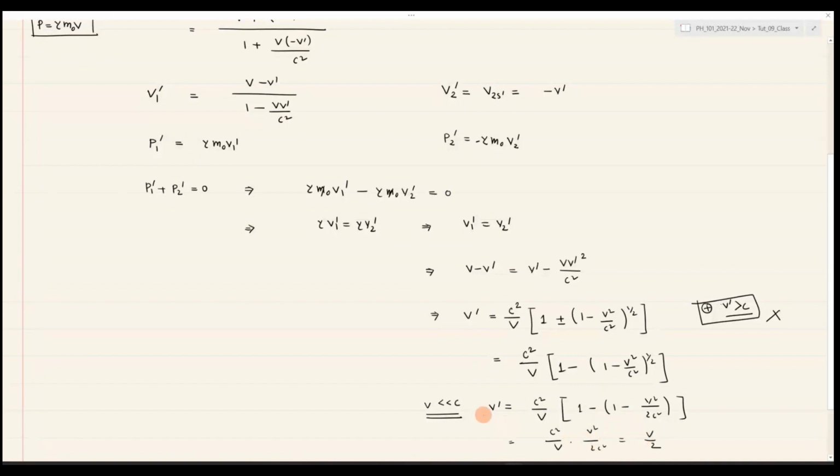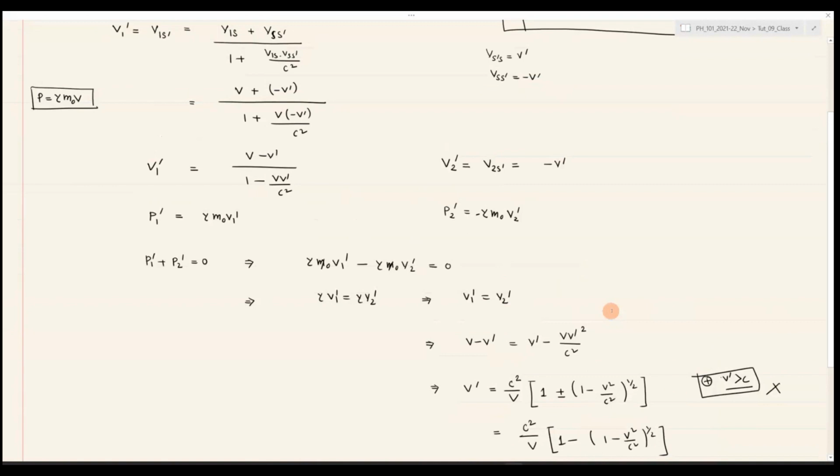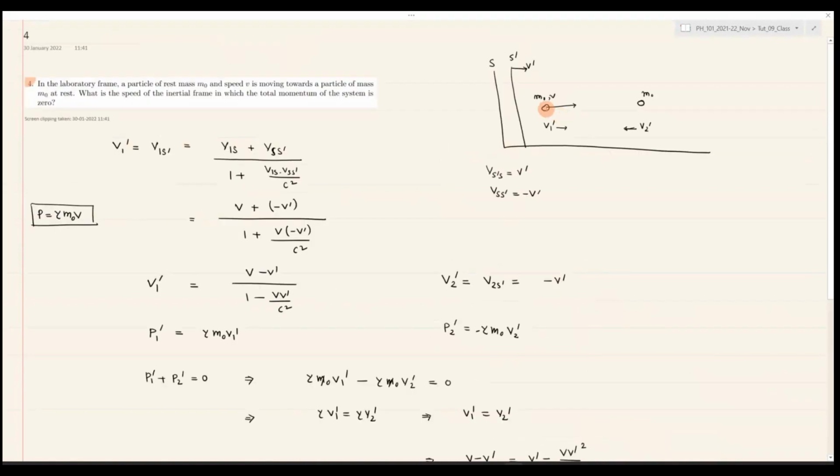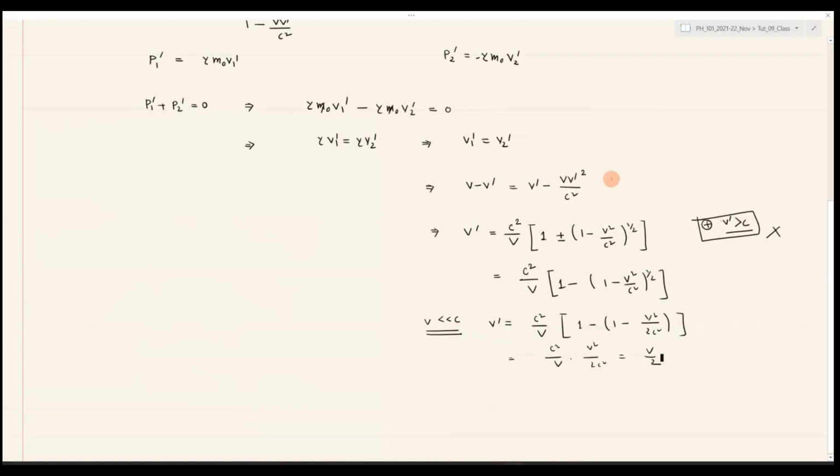So the speed of the frame should be v by 2. This is acceptable, right? If a particle is moving with speed v towards one at rest, and our frame moves at v by 2, then in this frame the speed of each particle becomes v by 2, and the total momentum will become 0 in the non-relativistic case. That means our solution is correct.